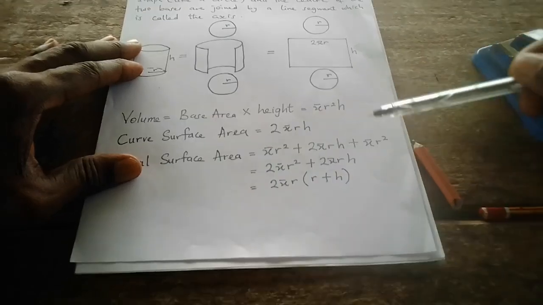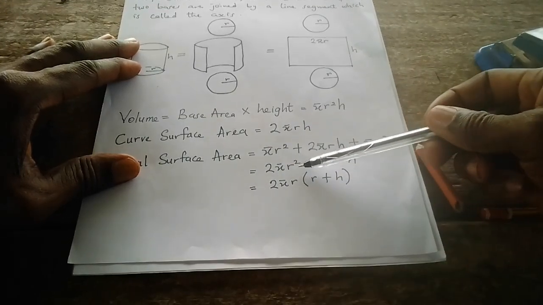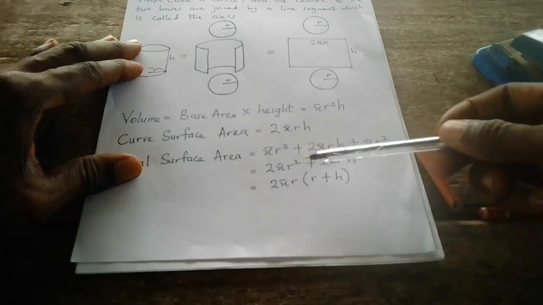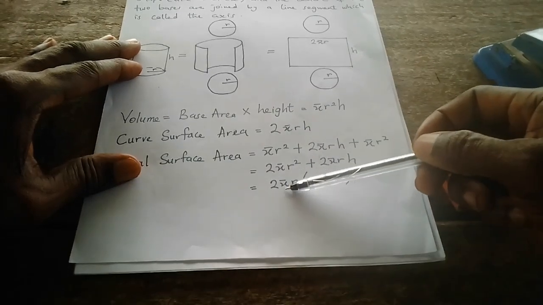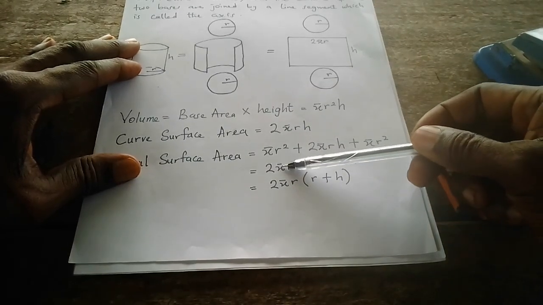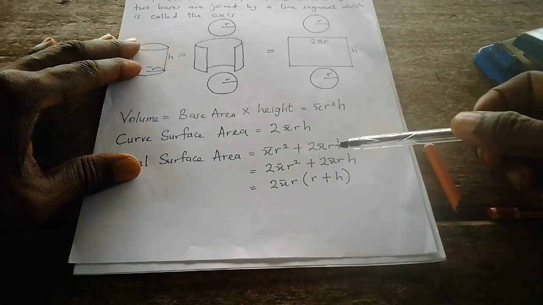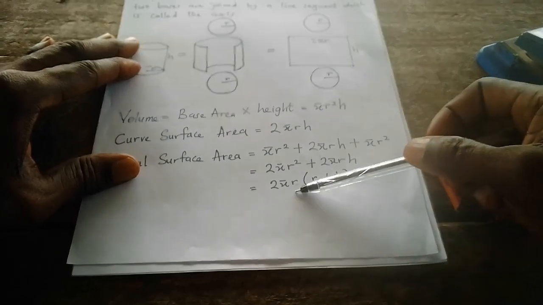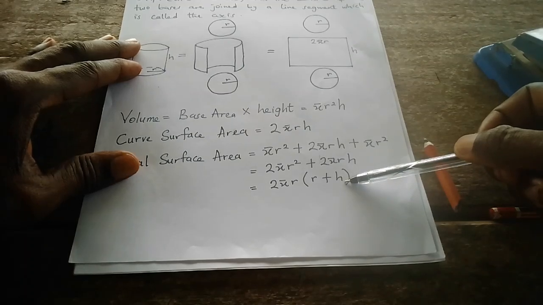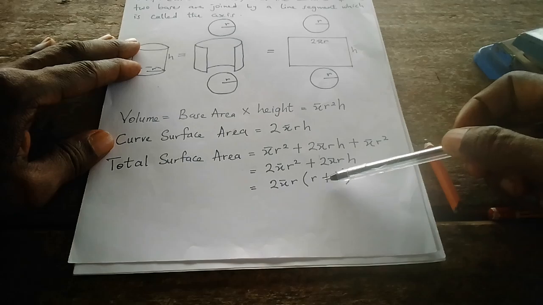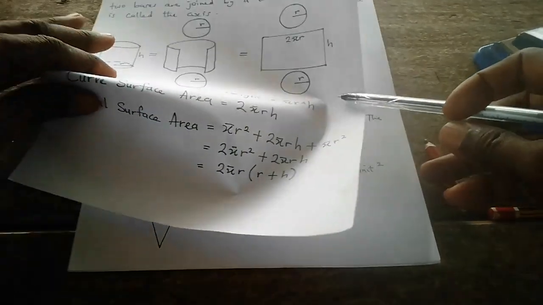So pi r square plus pi r square gives 2 pi r square plus 2 pi r h. If you factorize, 2 pi r is common to both. So 2 pi r into bracket: 2 pi r square divided by 2 pi r gives r, plus 2 pi r h divided by 2 pi r gives h. So the total surface area of a cylinder is 2 pi r into bracket r plus h.